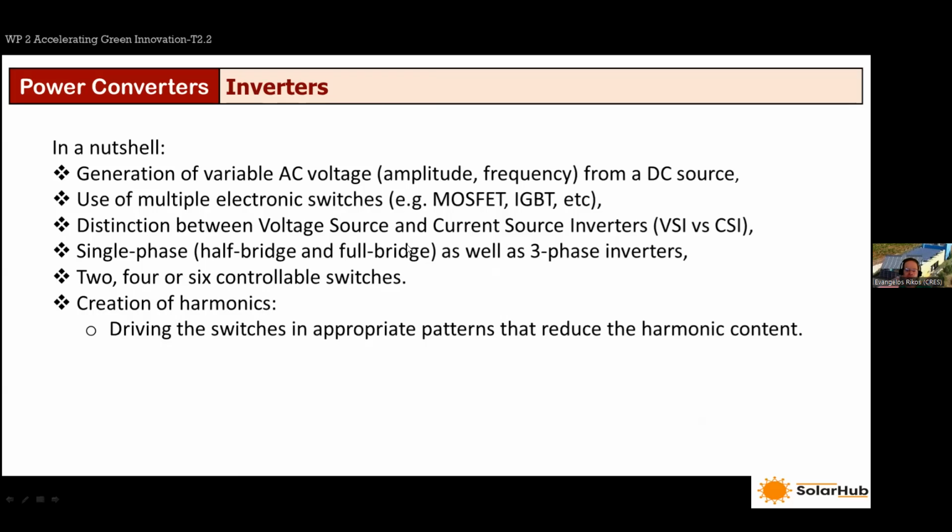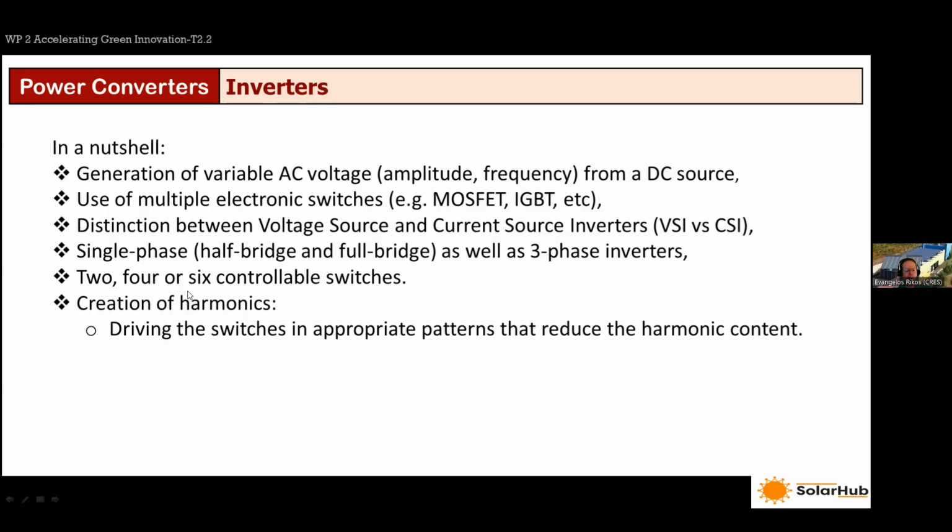There is a distinction in literature between voltage source and current source inverters depending on the inputs they have. If the DC input is a voltage source, then they are considered voltage source inverters. We can have the distinction also between single and three-phase inverters. The single-phase ones are further divided into half-bridge and full-bridge, and we'll see very briefly what this is about.